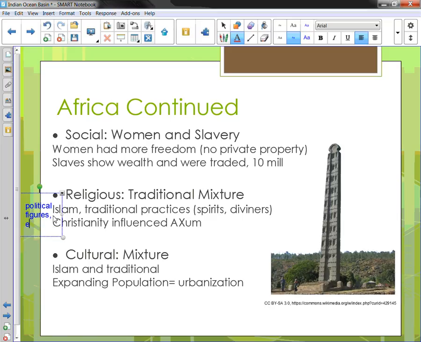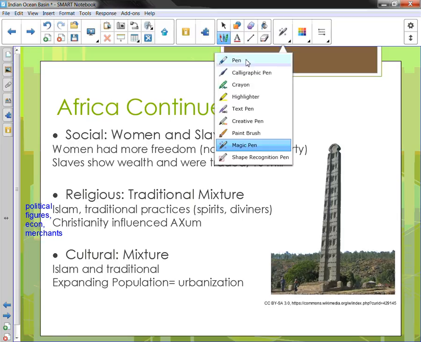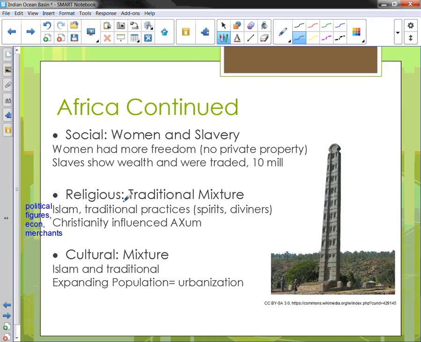So also you had a lot of economic merchants converting to Islam too. This Islam, again, mixed with traditional practices. So it wasn't either or, it was both.